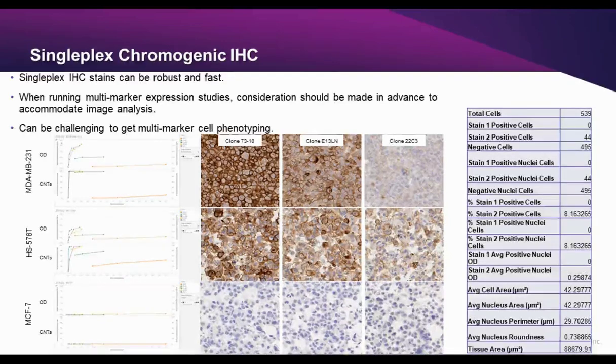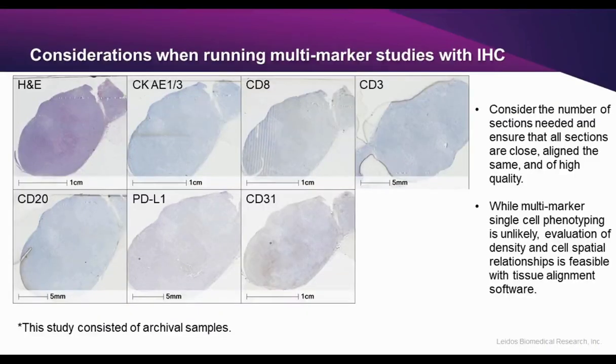The analysis is straightforward and clearly one can see 2 clones failed and move us closer to solidifying our run conditions. To the right is a typical output from our analysis software and some of the metrics we generate when we run a singleplex IHC. While singleplex IHC excels for analyzing a standalone marker, it isn't necessarily the best technology to use when multiple markers need to be considered.